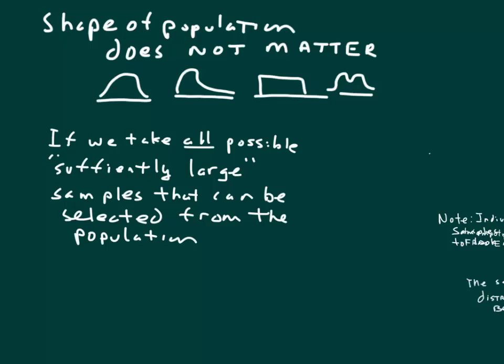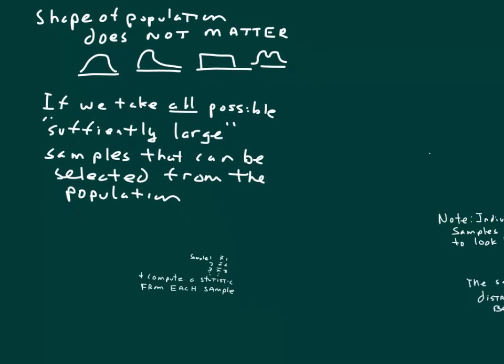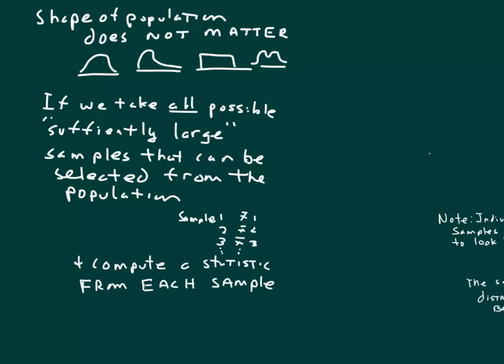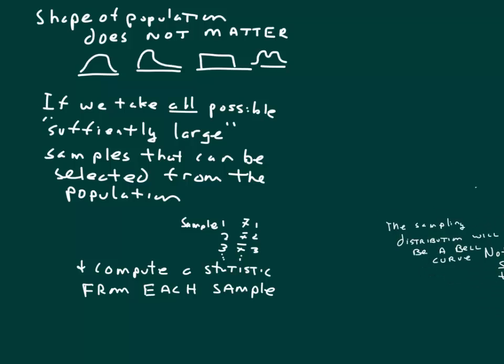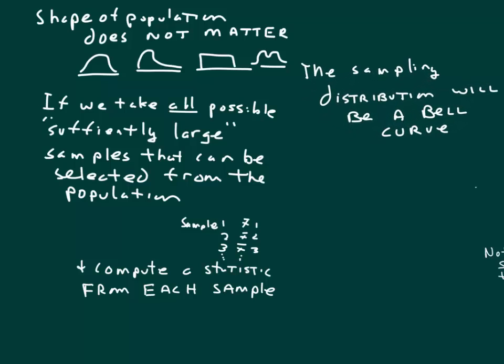If we take all possible sufficiently large samples that can be selected from the population, and compute a sample statistic from each sample, so we could have the mean of the first sample, the mean of the second, the mean of the third, on and on, then we have the population, we have individual samples, and we take these sample statistics, these means, and the sampling distribution will be a bell curve with the mean of the x bars equal to the mean of the population, and the standard error equal to the standard deviation divided by the square root of n.